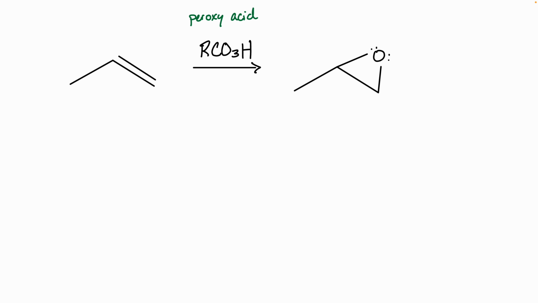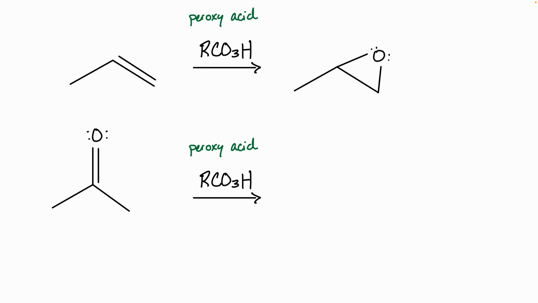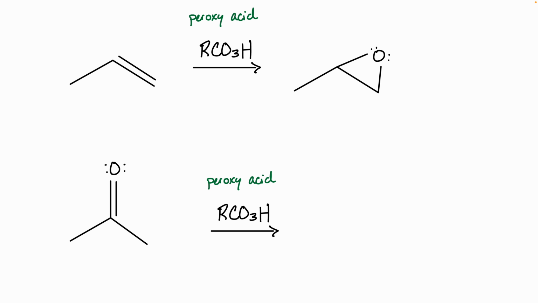And that's what these peroxy acids do really well. And so what we're going to see with our aldehyde and ketone, again, now we're going to use that same reagent, our peroxy acid. And it's going to do a very similar function. It's going to insert an oxygen between this existing carbon-carbon bond.